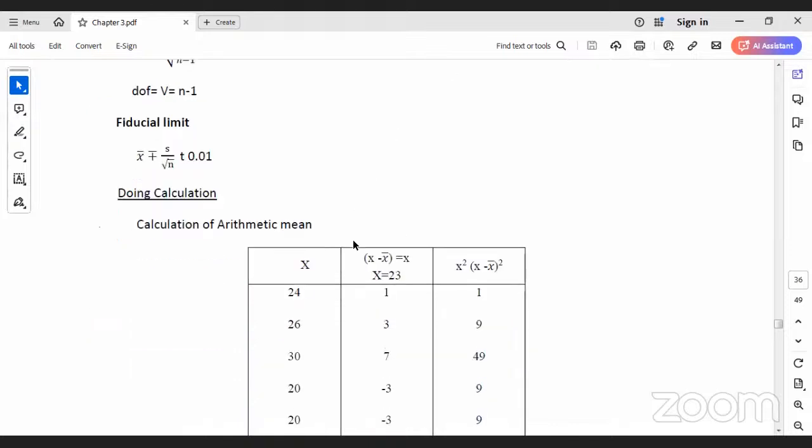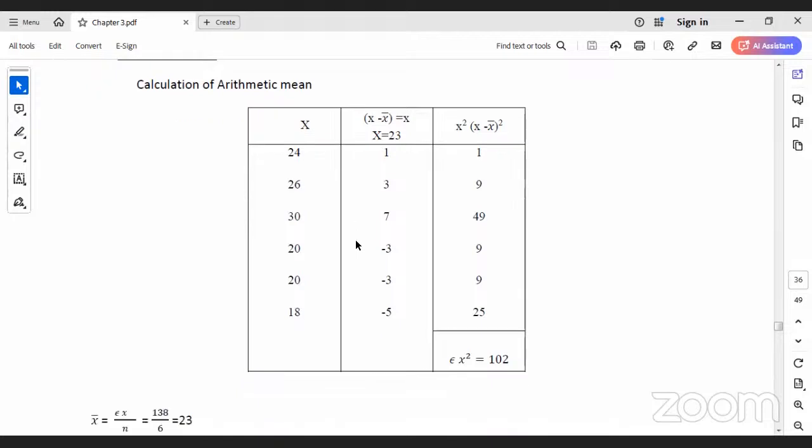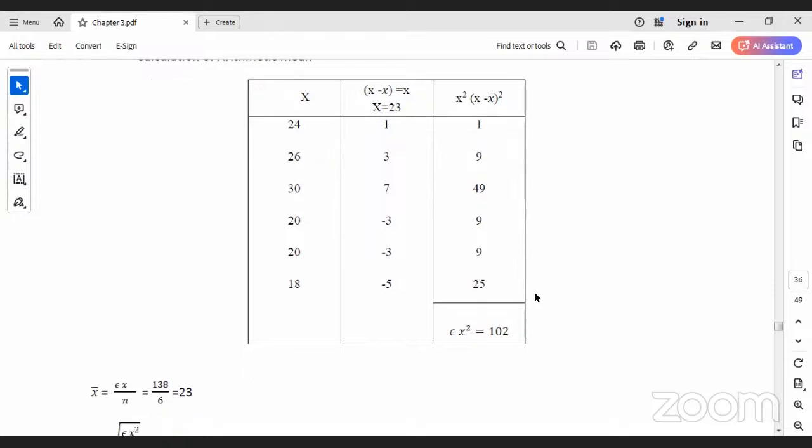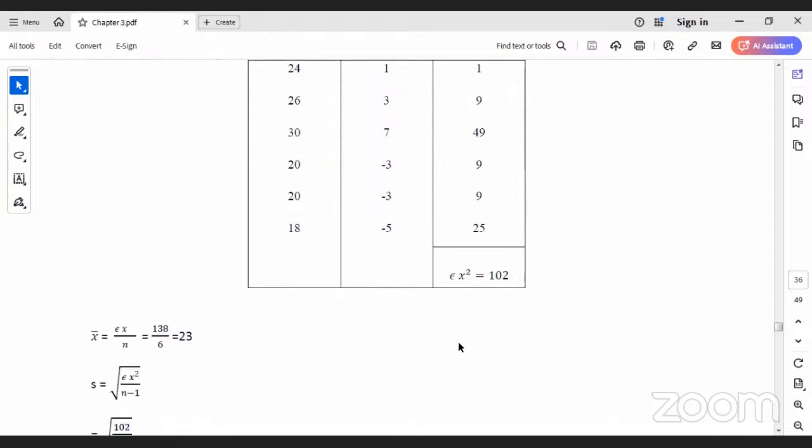So doing the calculation of the arithmetic mean. See, only single values are there: 24, 26, 30, 20, 20, 18. Then x minus x bar, that is 23. In correlation and regression, what we did: simply we got the average value. In the same manner, you have to find the average value here.